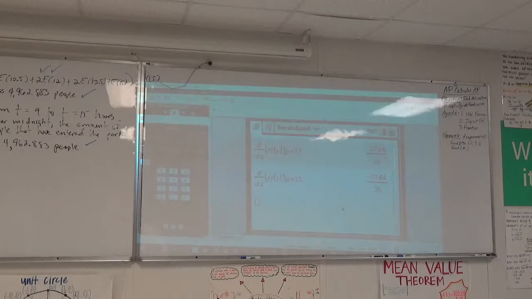Enter and then control enter. Okay, control enter. There we go, negative 149.760. If you want to use the quotient rule, Lewis and Giselle, of course you can use the quotient rule.